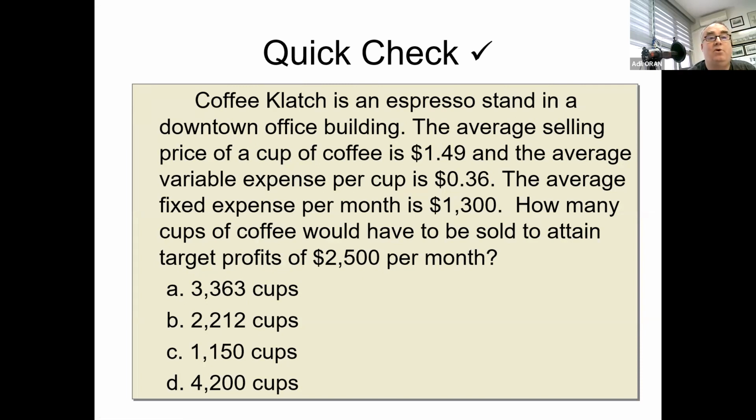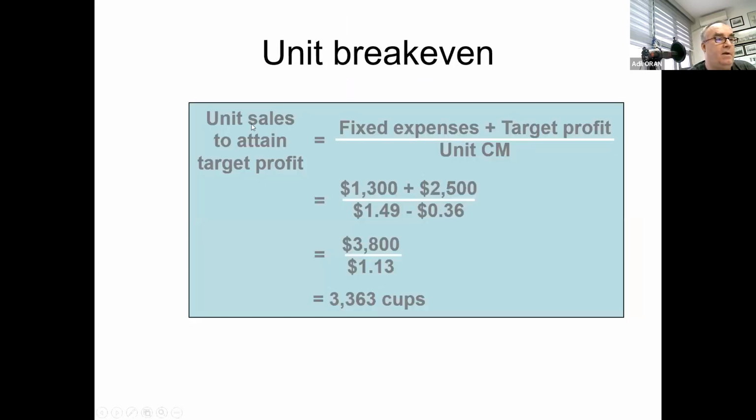Okay, so you could do trial and error until you find the point at which you have a net profit of 2,500, or simply do 1,300 fixed expenses plus 2,500, so a total of 3,800, divided by the contribution margin per unit of 1.13.